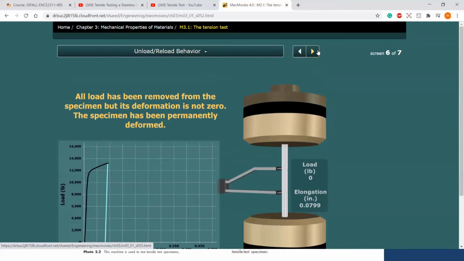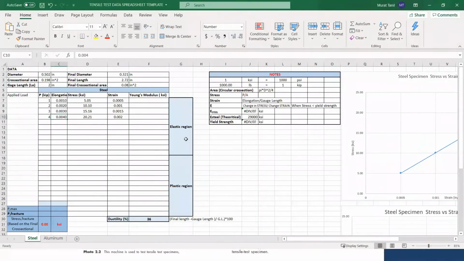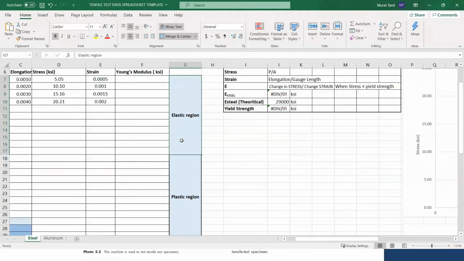I believe in the spreadsheet, I mentioned the elastic and plastic region, so don't be confused with the elastic and plastic region here. You can always extend. I can change the borderline of the elastic region if my numbers are not matching. In previous semesters with the results, my elastic region was only this section, and my plastic was starting from here.